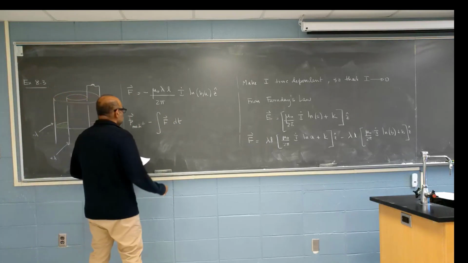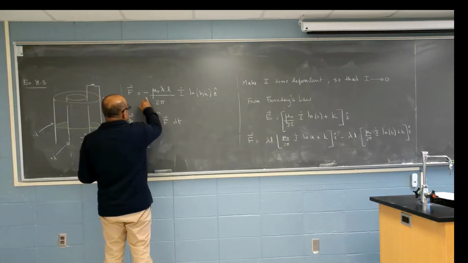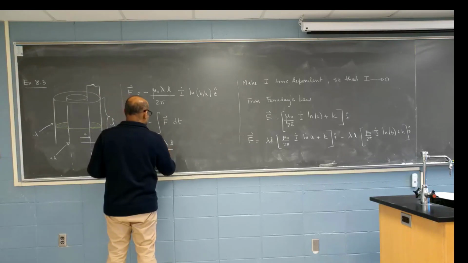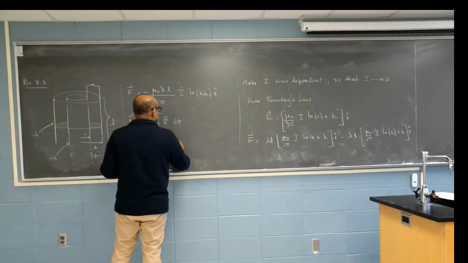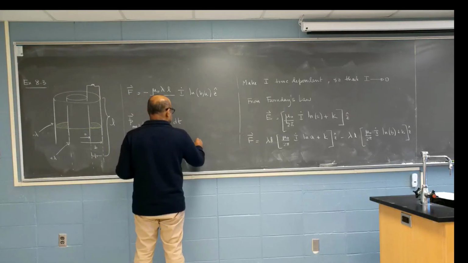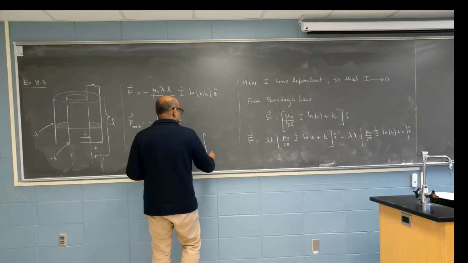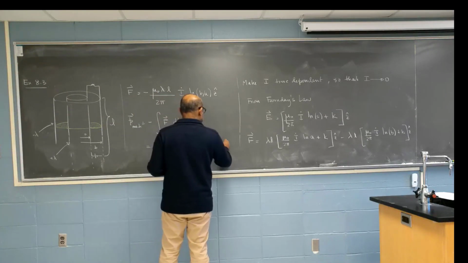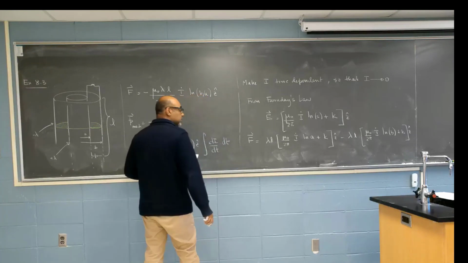So this becomes minus and minus cancel, so I get mu 0 lambda L over 2 pi, natural log of B over A, in the z hat direction, dI/dt dt.